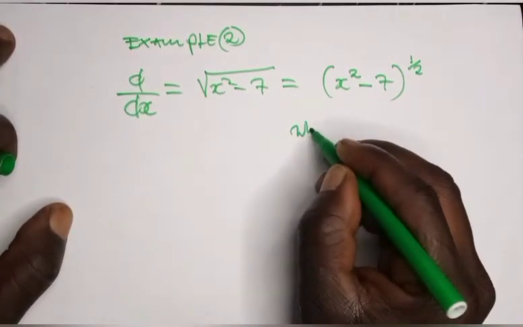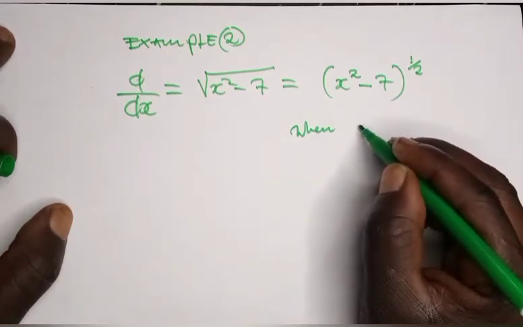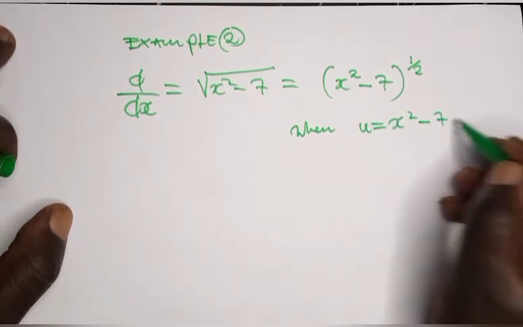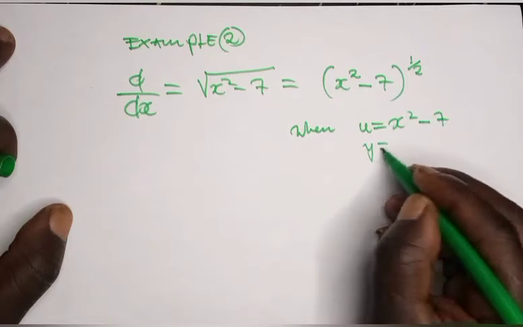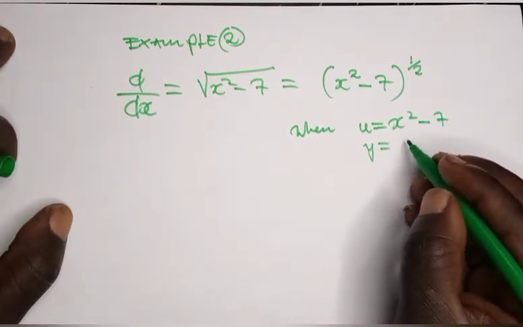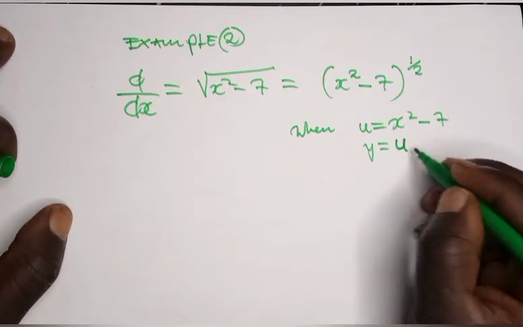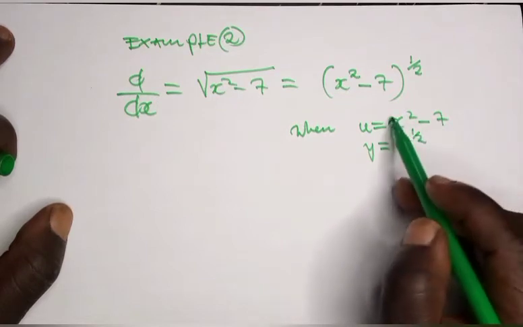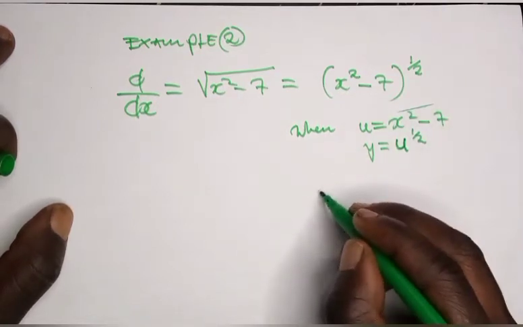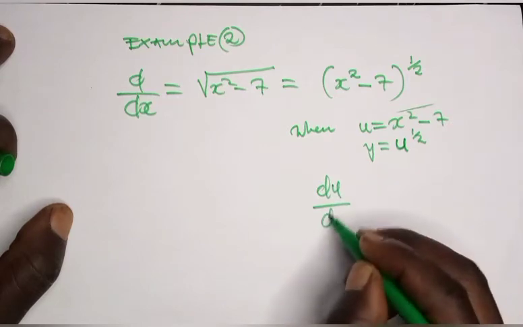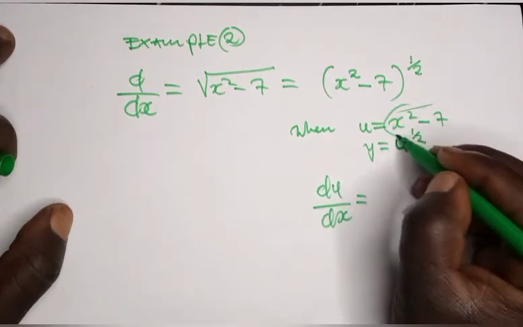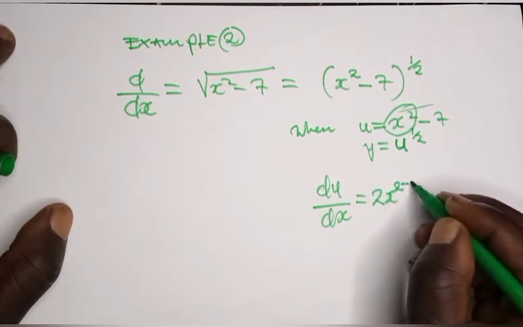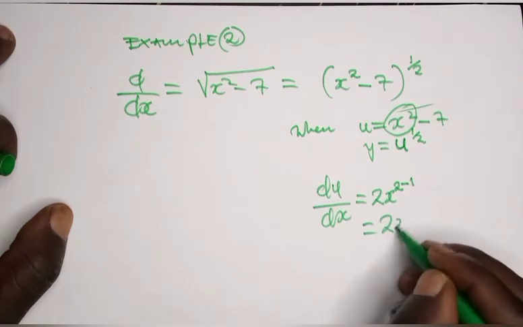So now let u equal x squared minus 7, and for y it is u power half. So let's try to differentiate. Then du over dx equals, when you differentiate x squared, it will be 2x power 2 minus 1, the same as 2x.